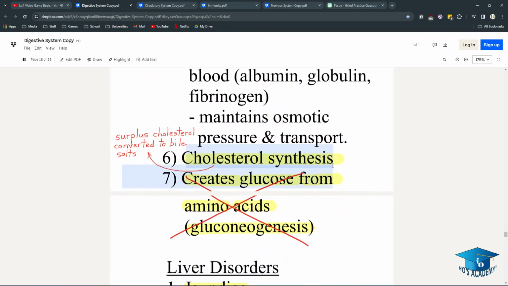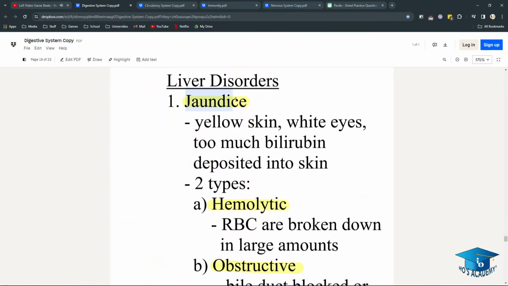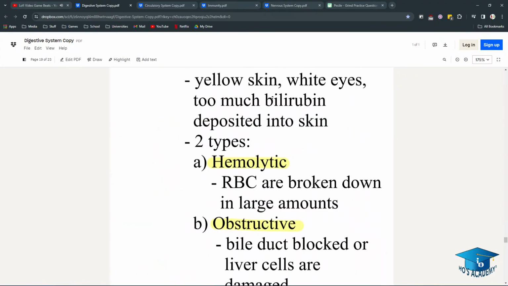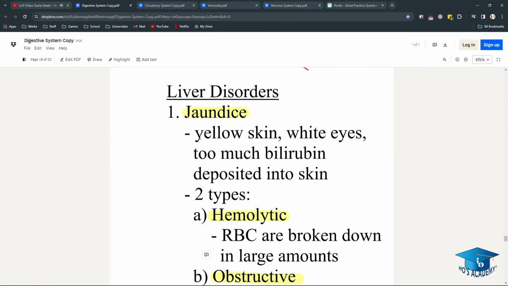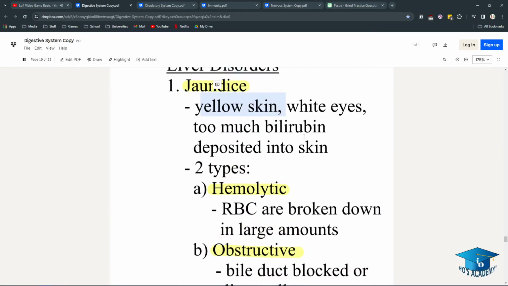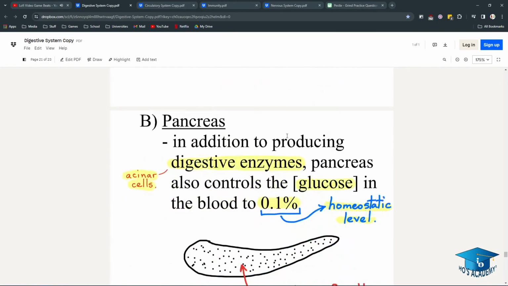Any surplus cholesterol is converted to bile salts for use in your digestive system. And very briefly, there's jaundice, which is a liver disorder, with a hemolytic and an obstructive type. Basically, there's too much of this bilirubin pigment in your skin, and you will look a little different. But other than that, not a big deal.